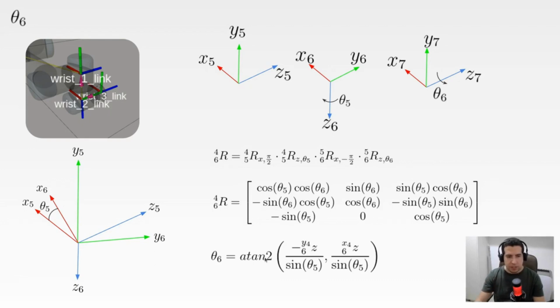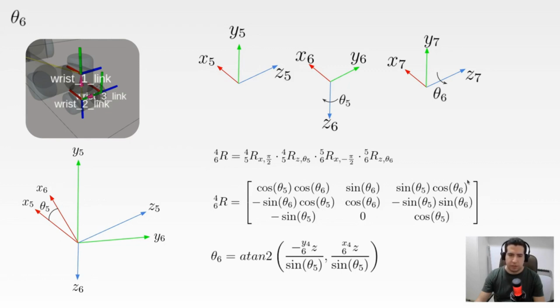For example, if you take this element here, the second row in the last column, and you multiply by -1, you will end up with sine of theta 5 times sine of theta 6. And if you divide by sine of theta 5, you end up getting sine of theta 6 only.